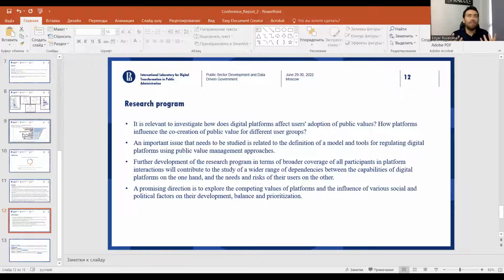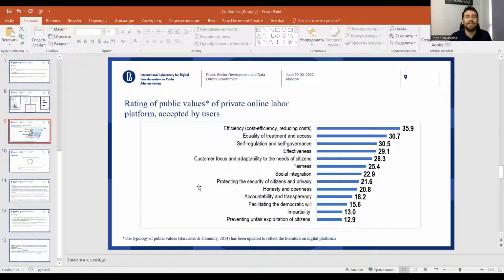There are some not very good aspects in this kind of platform, because we can think of the labor conditions of the employees, of the control of the platform over the users, that maybe this is not good for legitimacy.